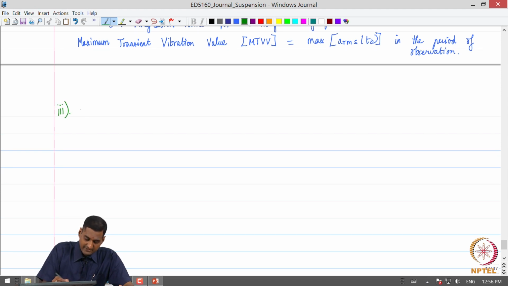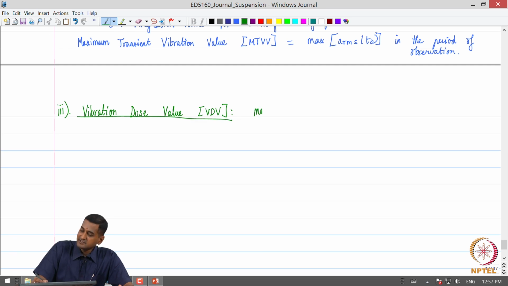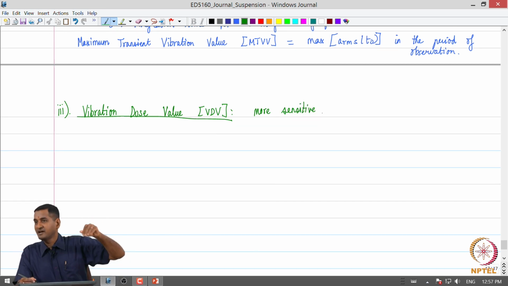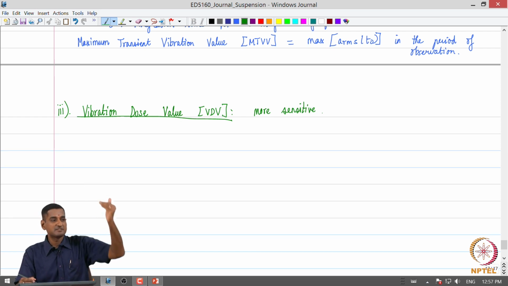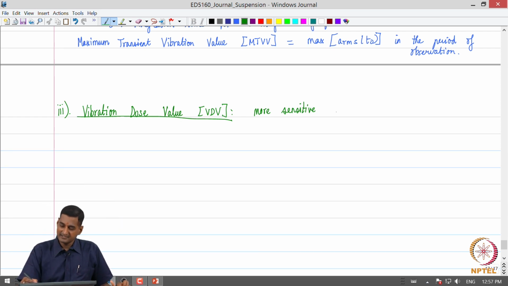So, the last parameter is what is called the vibration dose value. So, what is this vibration dose value? This vibration dose value takes into account when there are peaks in the acceleration. Suppose let us say my car is driven and then I go into a pothole, there is going to be a spike in the acceleration levels, right.